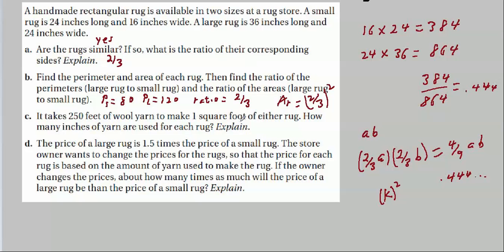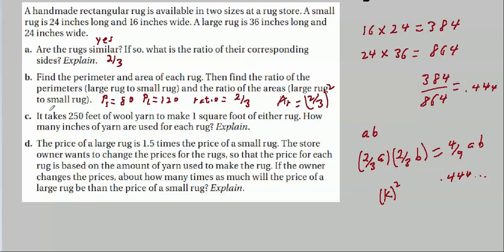Which means that with two similar polygons, the areas get smaller faster than the perimeters. The perimeter is 2/3 of the original, but the area is 4/9, which is less than 2/3. Remember, 2/3 is 0.666. 4/9 is 0.444.